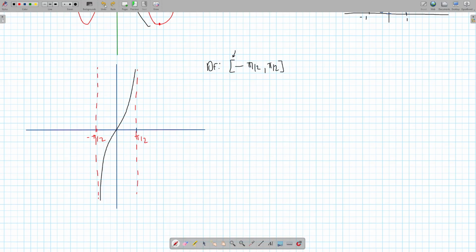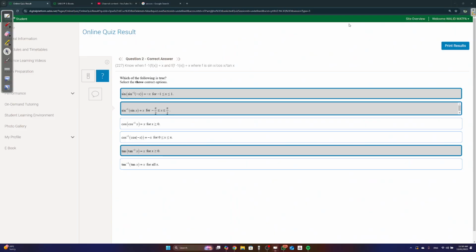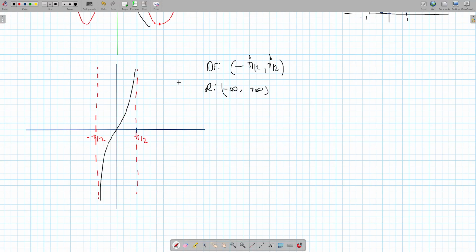But when you use open brackets like this, parentheses, it means these two aren't included. Are they included? Of course not. They're asymptotes. You can't write it. And the range, we go from minus infinity to plus infinity. Why? Because look, we're starting here, we're ending up there. Don't know why I didn't write any of this in my copybook. I'm trying to look for it, but I can't find it.